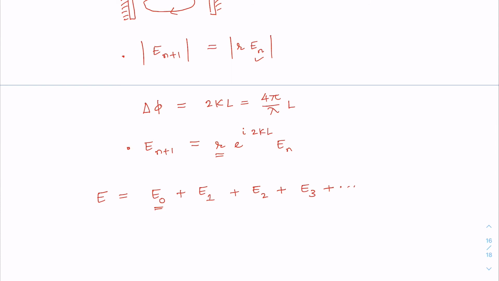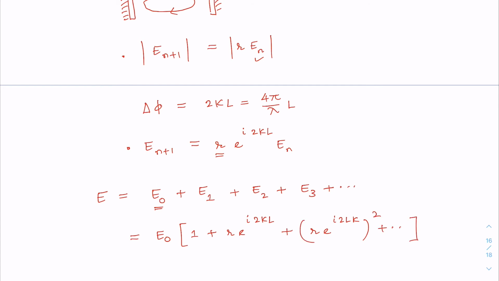So I can write it as E0 times 1 plus R e to the power i2kl, then R e to the power i2kl whole square, and so on.